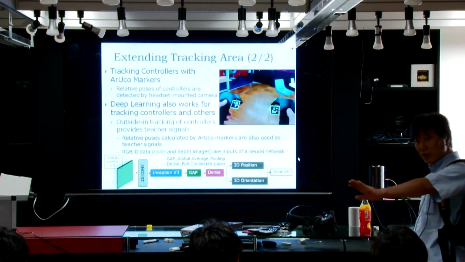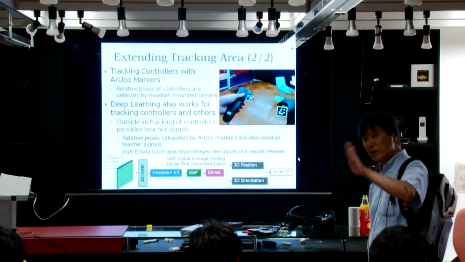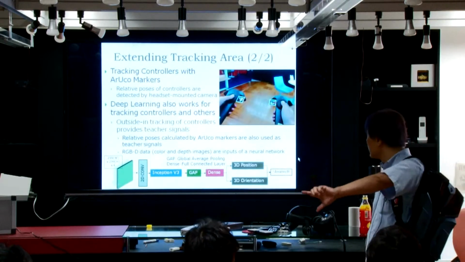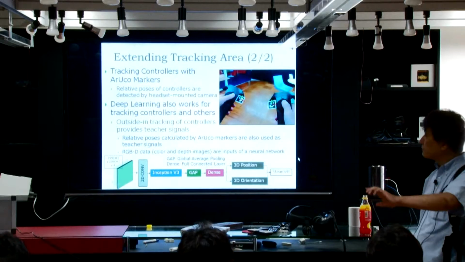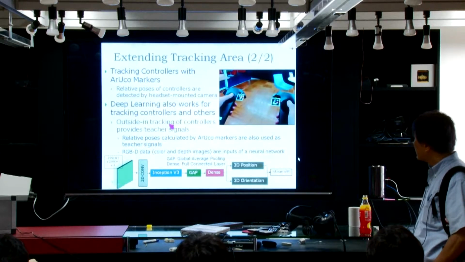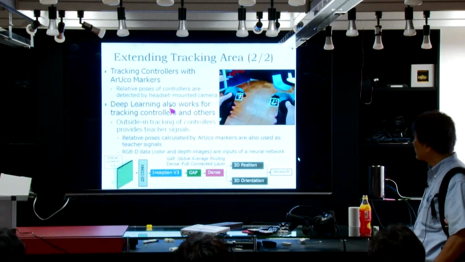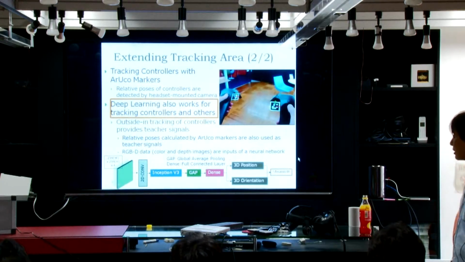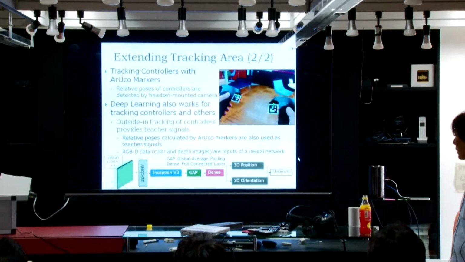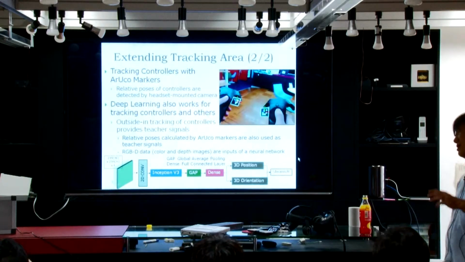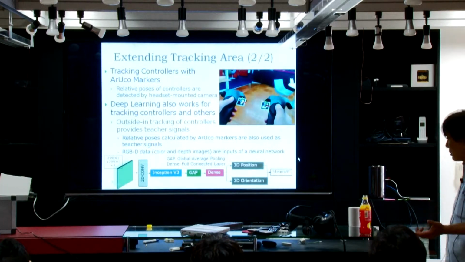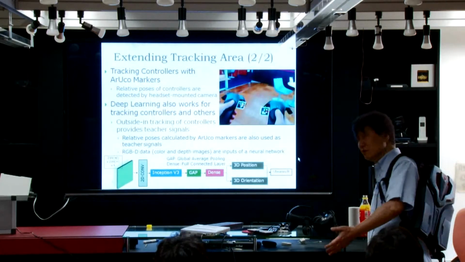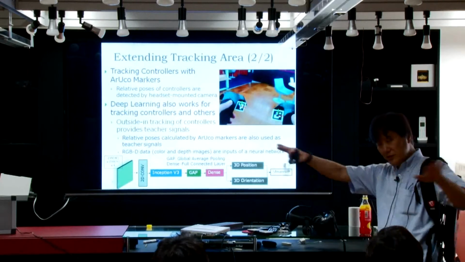By adding a marker and scanning it with a camera, the position and orientation can be detected very easily. As I mentioned, we developed a deep learning method to track the controller and others. With the headset, the controller, and the knee tracker, we can extend the tracking area to the whole inside of the building.